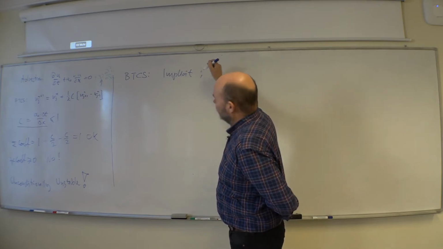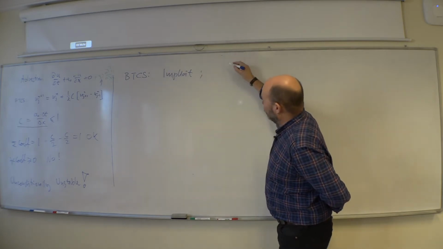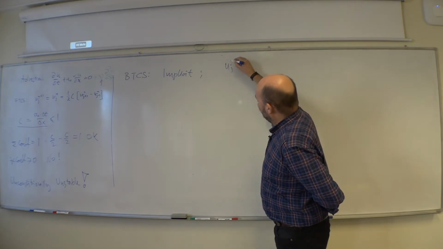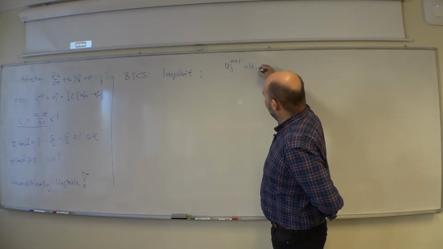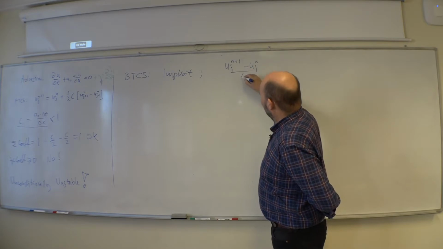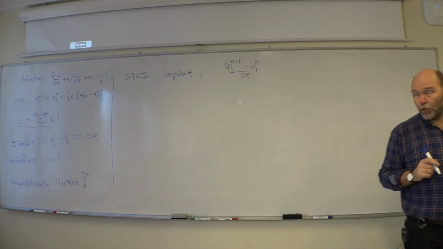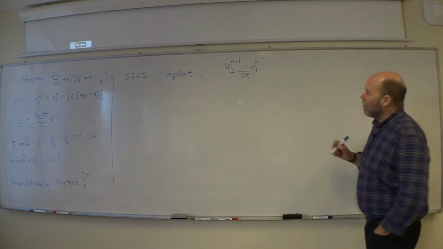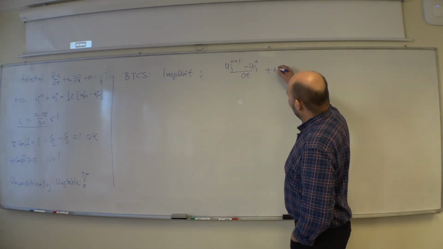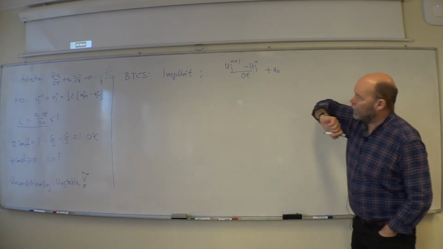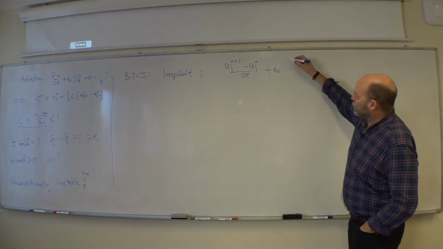Full implicit, the time derivative as before, point j, n plus 1 minus the old one, over delta t. So it's still first order accurate in time. And then I write plus a 0, and then I want a central space derivative.